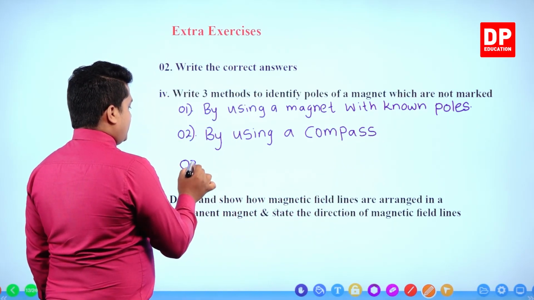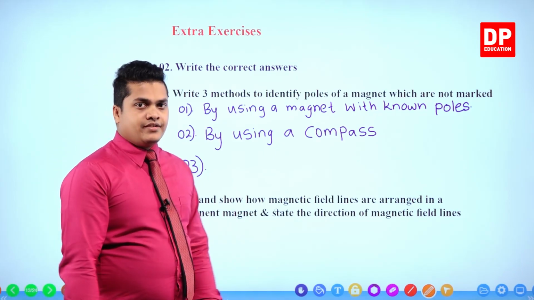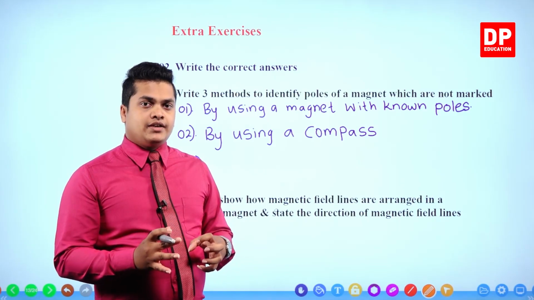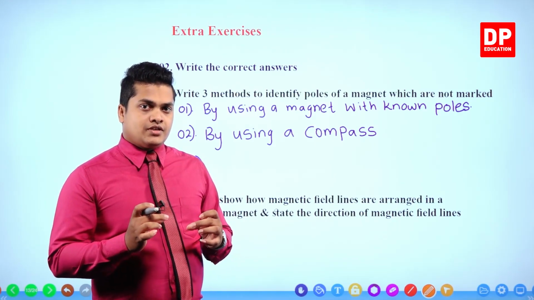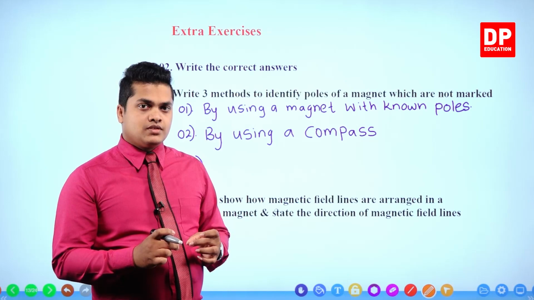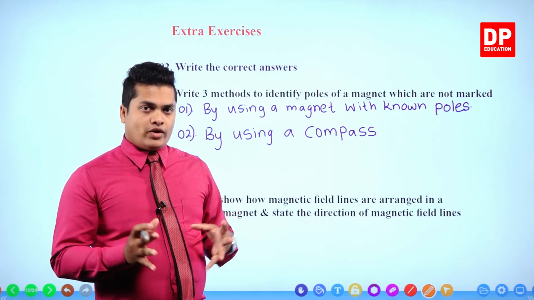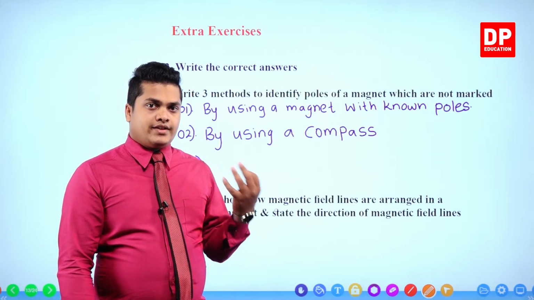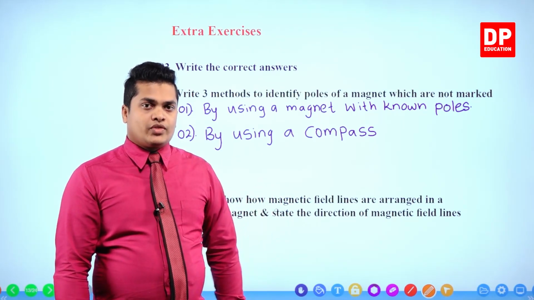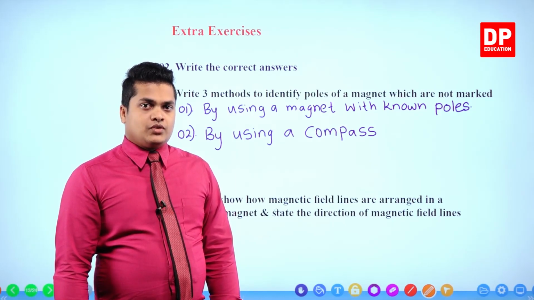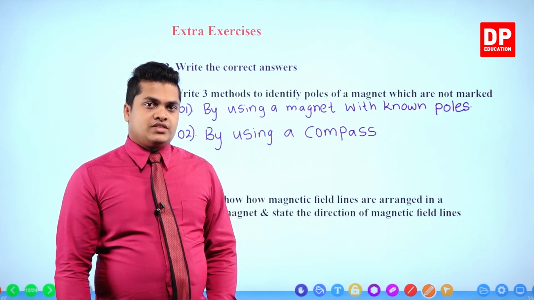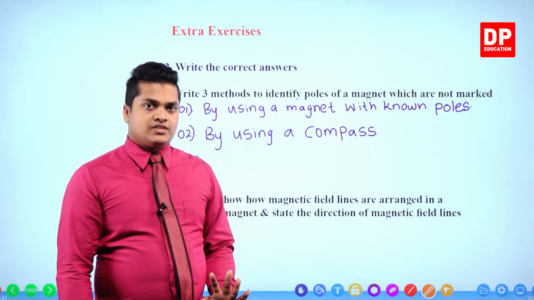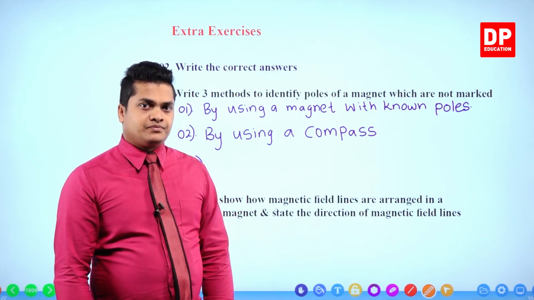Then the third method is, you know that we can hang that unknown magnet, which has the unknown poles, in a free location. So in that situation, the magnet would turn and will direct towards the north and south directions. So the terminal which is directing towards the north is the north pole, and the terminal which is directing towards the south is the south pole, right?